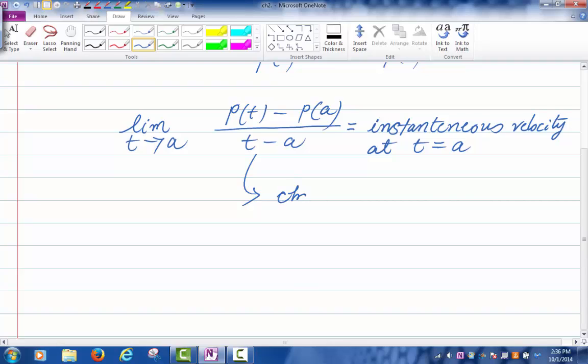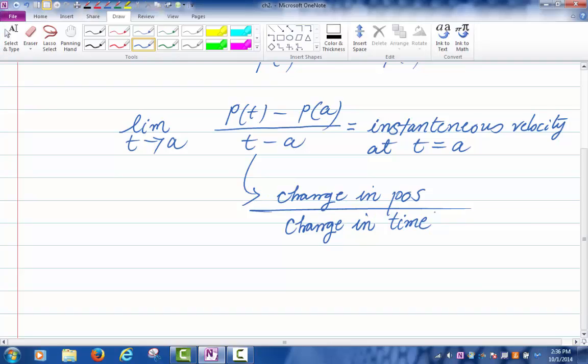It's the change in position divided by change in time, right? So this is giving me the rate of change of position with respect to change in time.